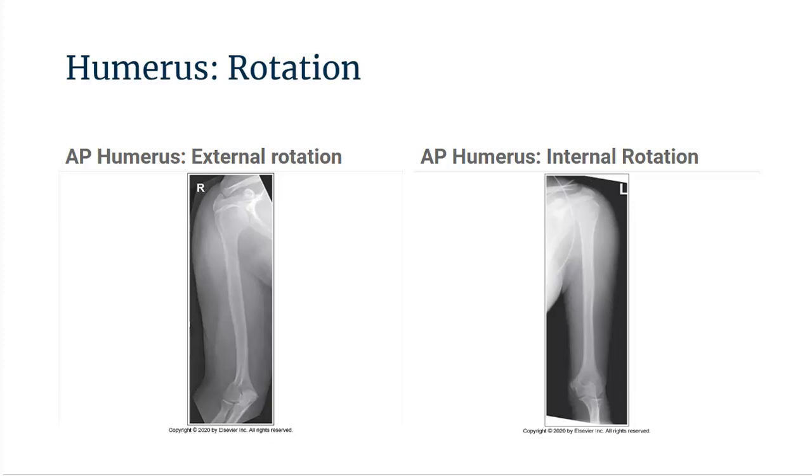In an AP projection of the humerus, proper rotation is key to accurately demonstrate the anatomic structures. Let's review how to assess external rotation and make the necessary adjustments. When the humeral epicondyles and the greater tuberosity are not clearly demonstrated in profile, we want to assess the relationship between the radial head and the ulna.